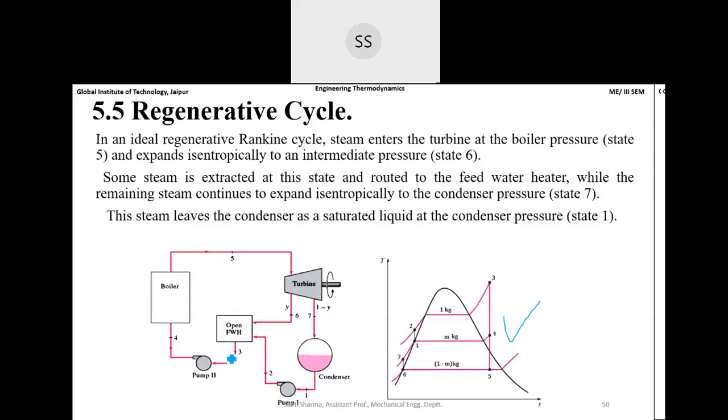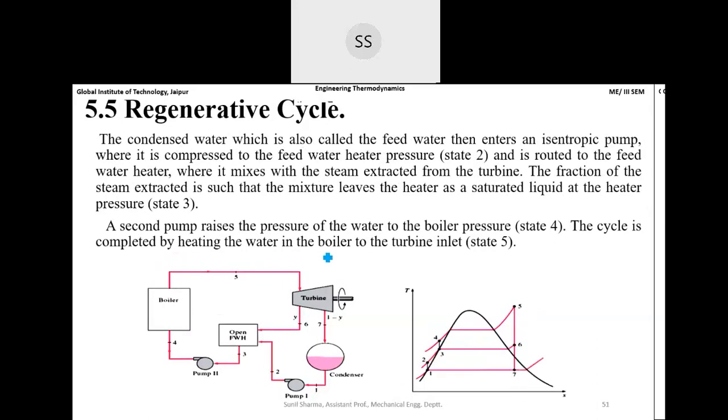So earlier we had 2. The steam leaves the condenser as a saturated liquid at the condenser pressure, which is state 1. Now the condensed water, which is also called the feed water, enters an isentropic pump, where it is compressed to the feed water heater pressure, which is state 2, and is routed to the feed water heater.